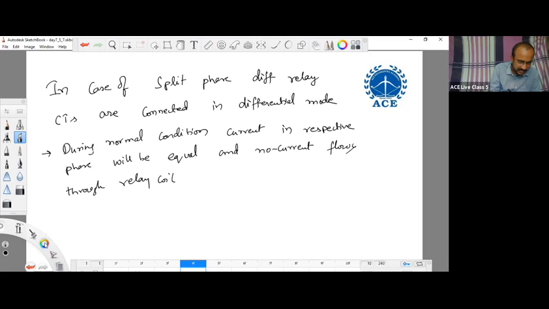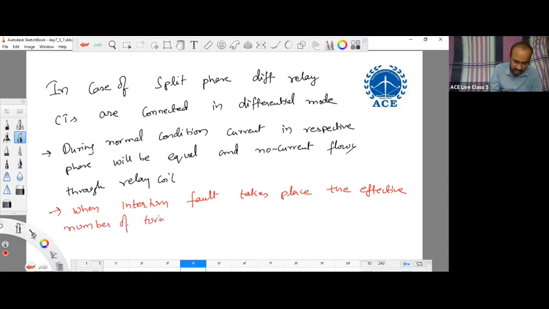But when an interturn fault takes place, what happens? The effective number of turns will not be the same. So the induced EMF, the induced voltage, will be different.